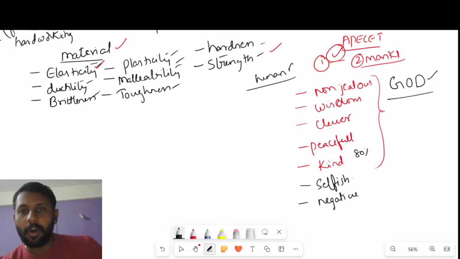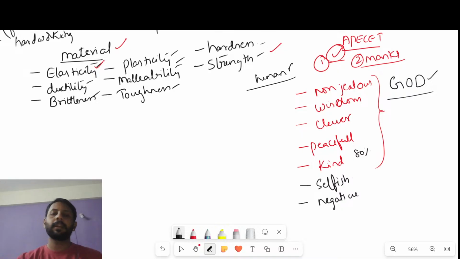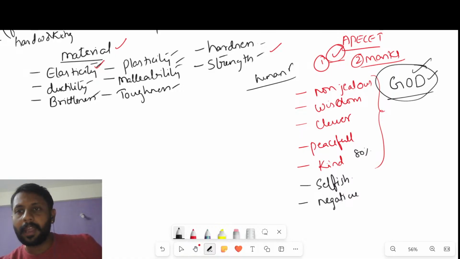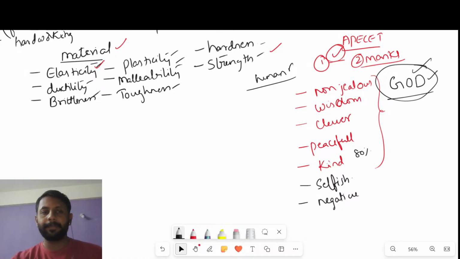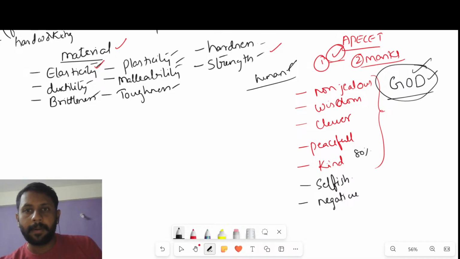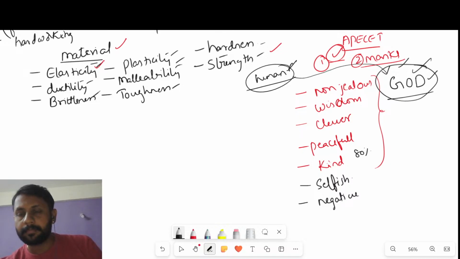No human has all the good characteristics together. If a human is having all the good characteristics, then according to me, I'll call him God, because he has control on his emotions, he has wisdom, he is kind enough, he is clever, he is peaceful, he is happy. All these characteristics cannot be possessed in a human. This can be possessed in a hypothetical human who is called God.